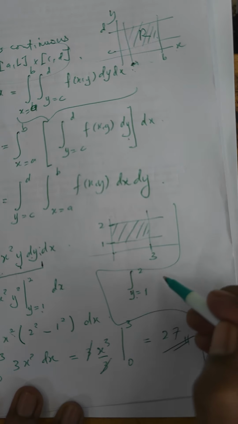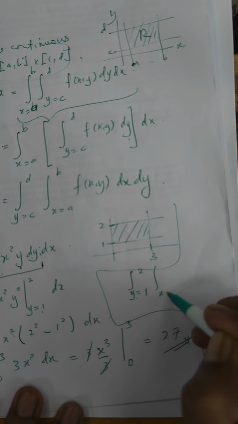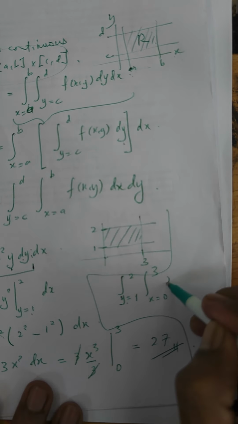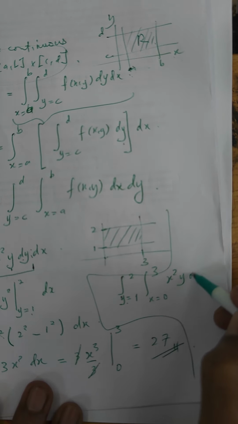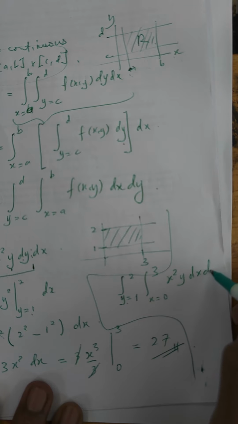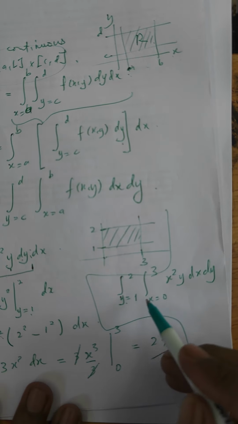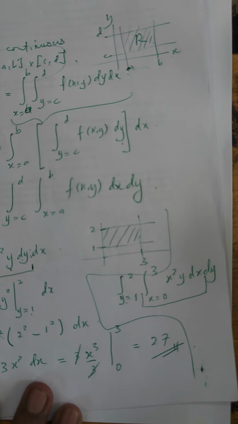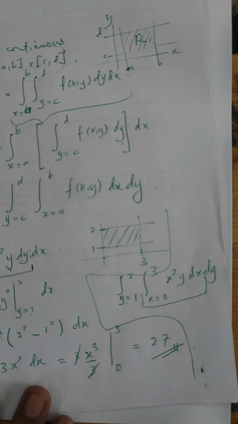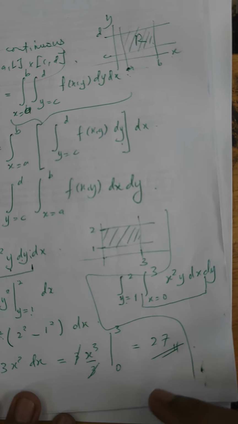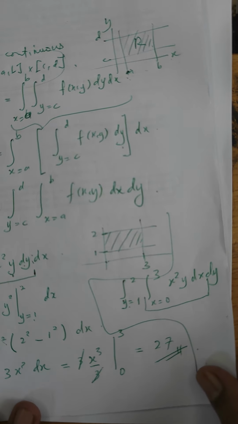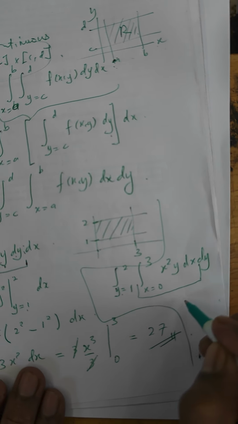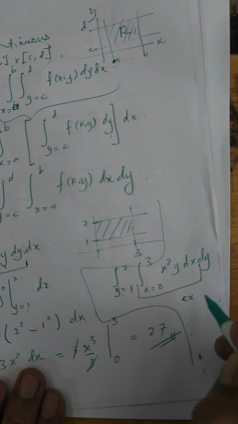We don't change the limits of integration. x from 0 to 3, x squared y, now dx dy. In this case, we integrate with respect to x first. Having done that, we then integrate with respect to y. We should get the same answer here. So I just leave that part to you, as a simple exercise.